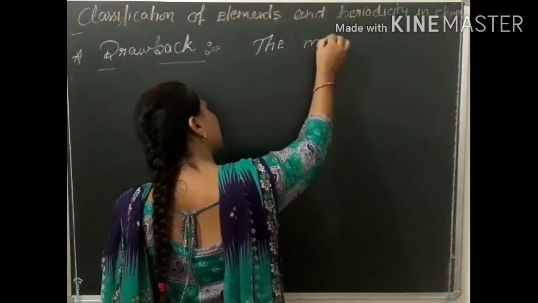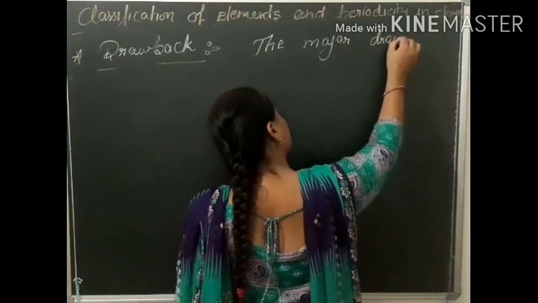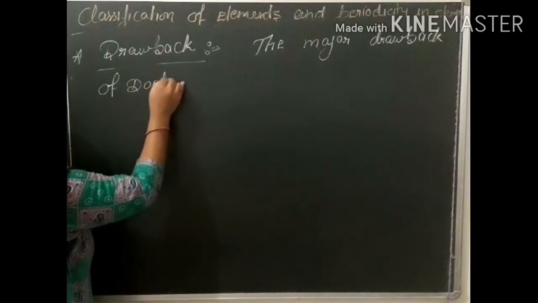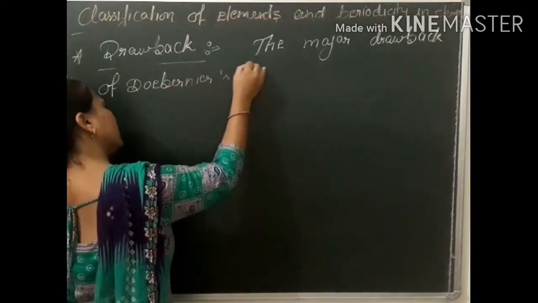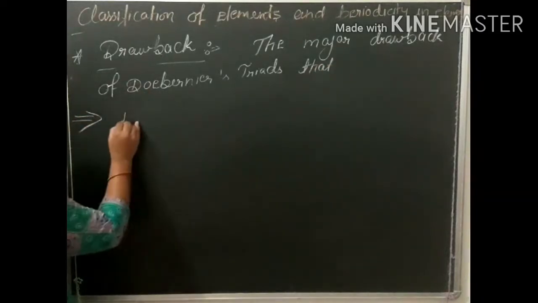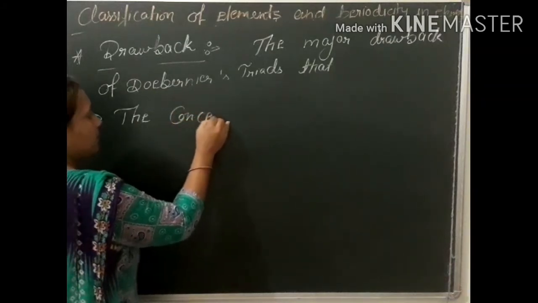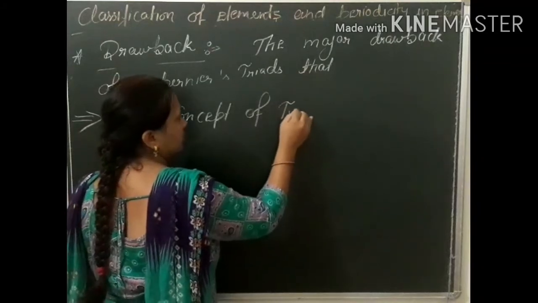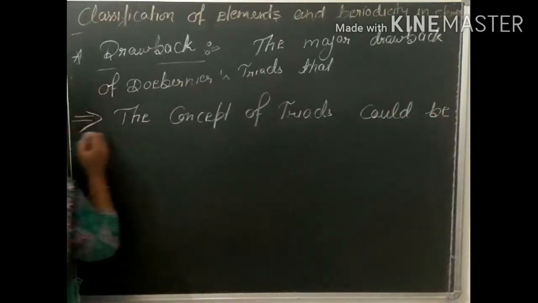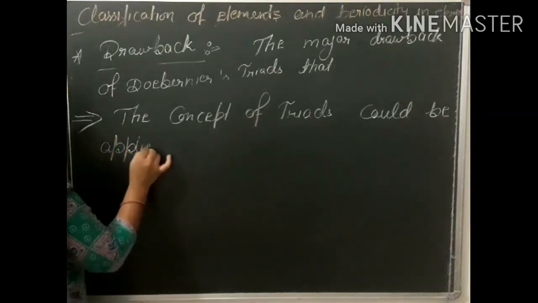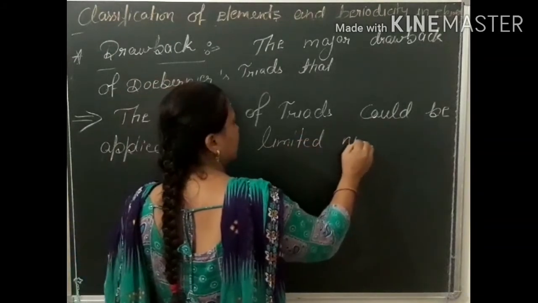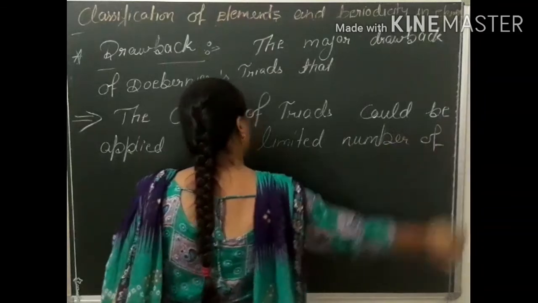The major drawback of Dobereiner's triads is that the concept of triads could be applied only to a limited number of elements.